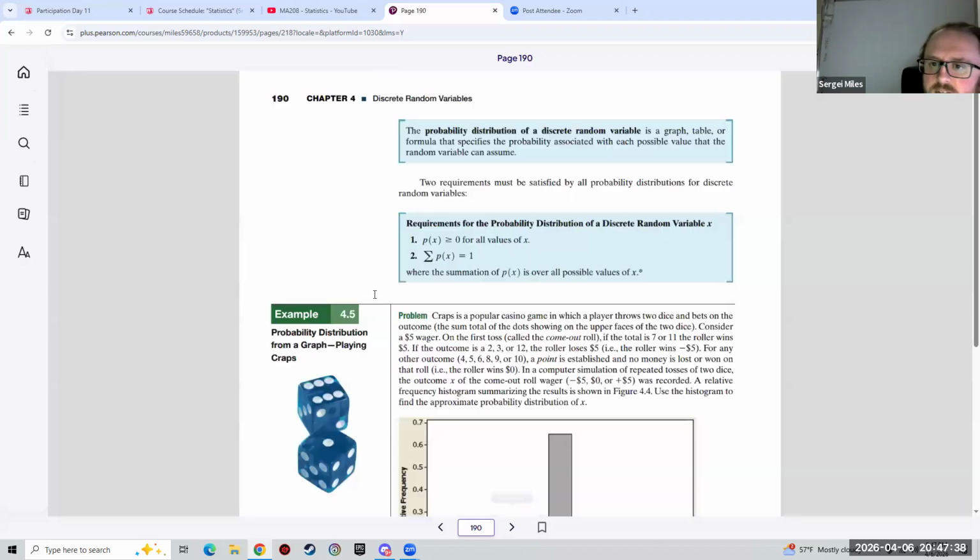All right. So what do we need? I was saying earlier, if we're going to create a probability model, what has to be true in order for that probability model to be functional? Well, first, what is a probability distribution? When we're talking about a discrete random variable, this can be represented with a histogram, a graph, a table, a formula.